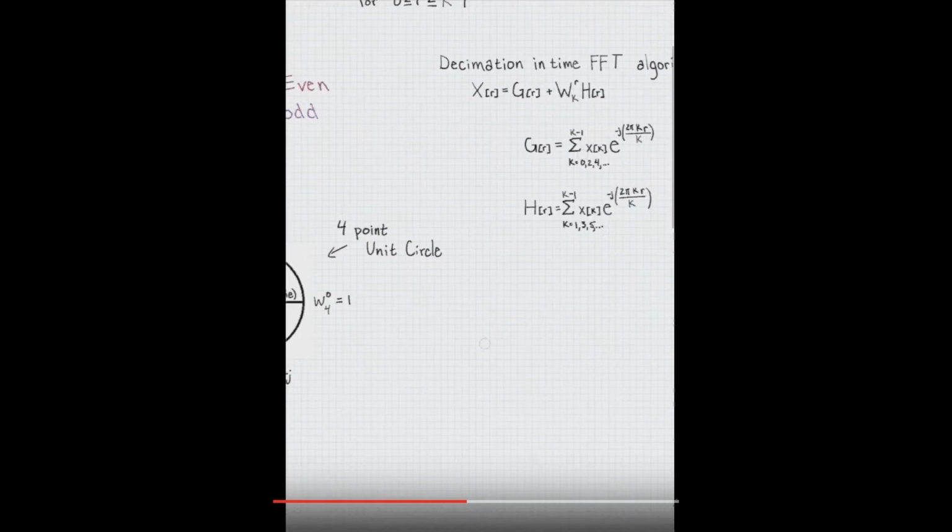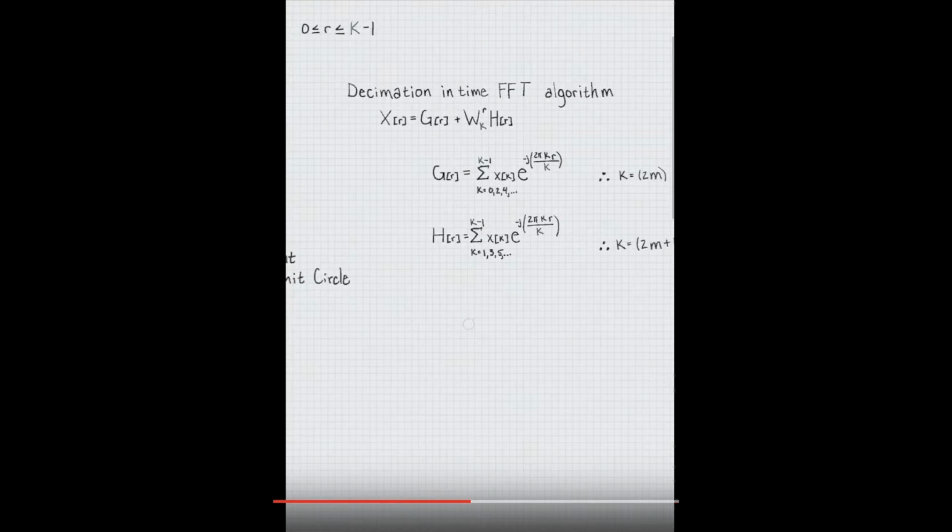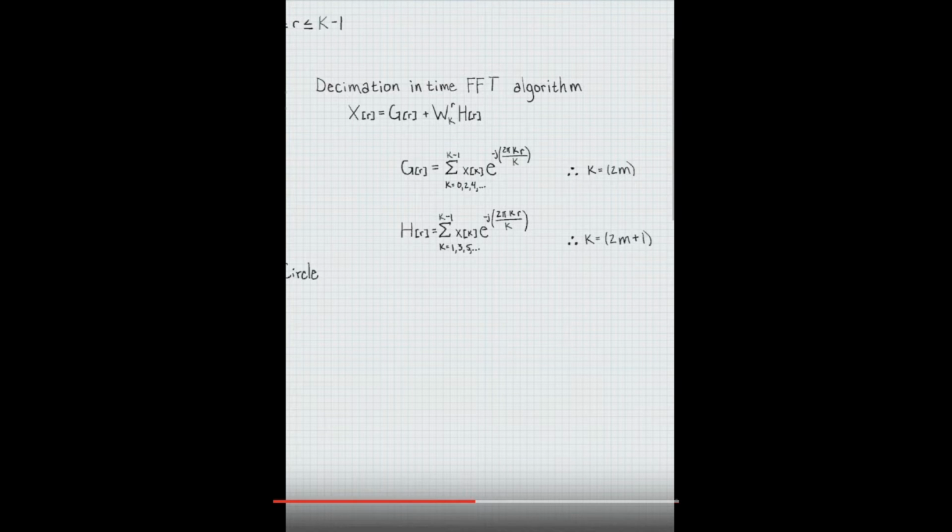Let's zoom in real quick so you can see this a bit better. So here we have x of r is equal to g of r, and I'll be really careful to use all these colors to match up throughout all of our videos for even, twiddle factor, and odd: red, green, purple.